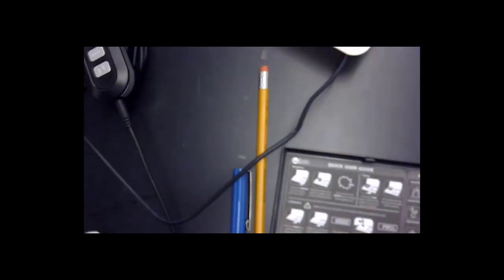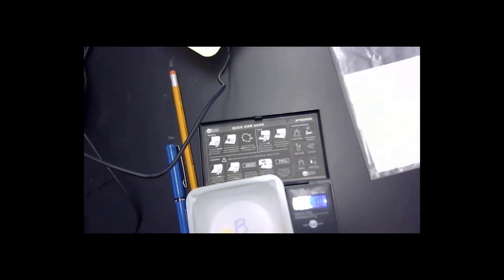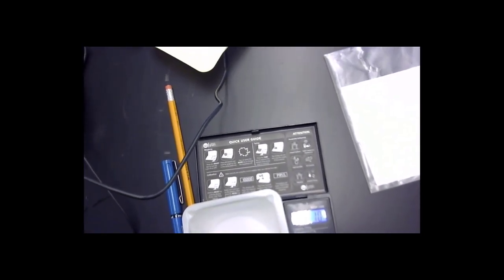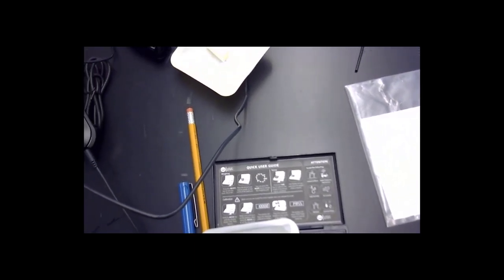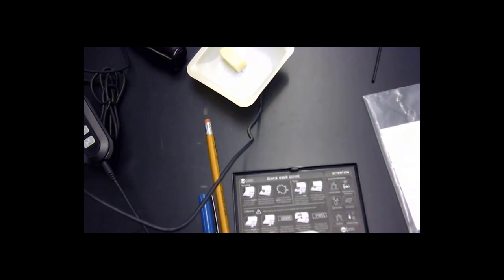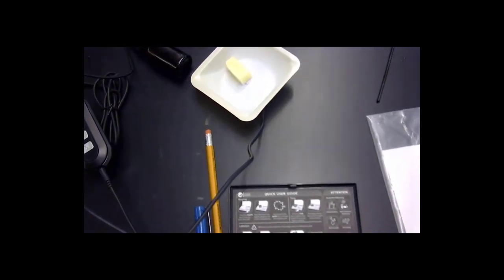And we're looking at this. You can see it's zeroed out. We've put the potato in there. And now that potato weighs 5.10 grams, down from the 5.47 grams that it initially weighed. So in the potato chunk that was in the hypertonic solution, we have lost water.